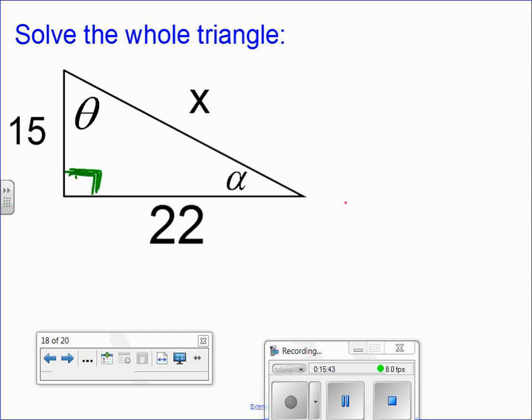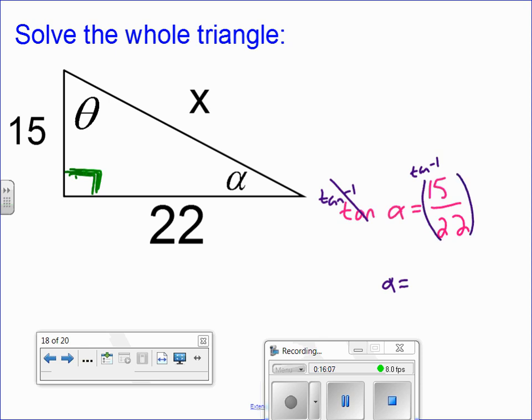So to do alpha, I would definitely go with tangent, because all I have available to me right now is opposite and adjacent. So since alpha lives here, 15 is opposite, 22 is adjacent. So at that point, you would do a tan inverse on both sides.